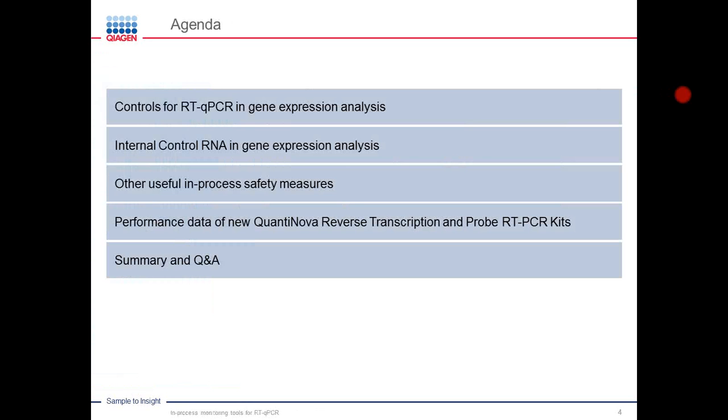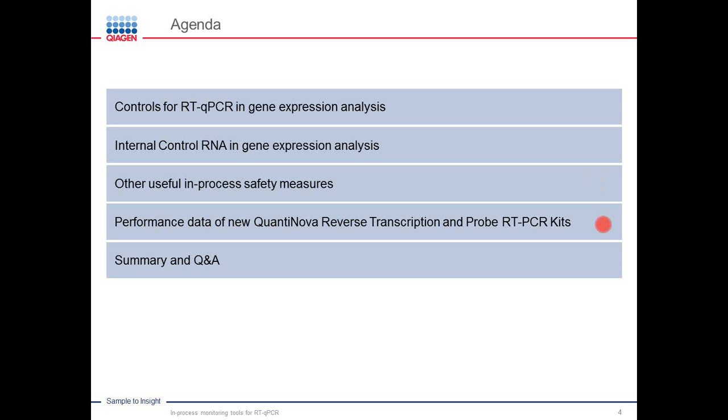So during our session today, we will first summarize a few topics about controls, why they are used in reverse transcription quantitative PCR when doing gene expression analysis. I will elaborate then a little bit more on internal controls specifically, followed by a short chapter about introducing some additional safety or control measures that can be incorporated into qPCR procedures.